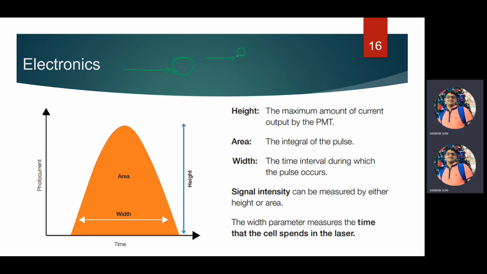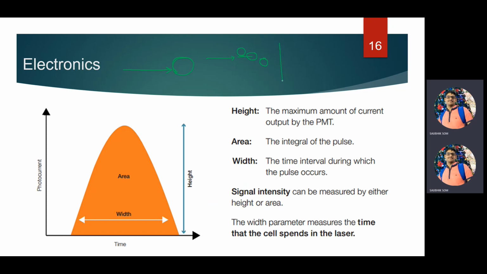If this is my light, only this part is getting scattered. After that, this part, then again this part. So first only this part is scattering, then the full cell is scattering, and then only the top part is scattering.